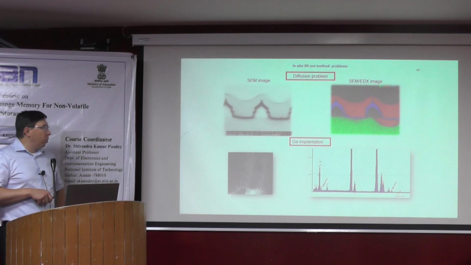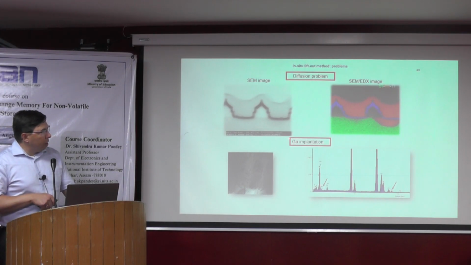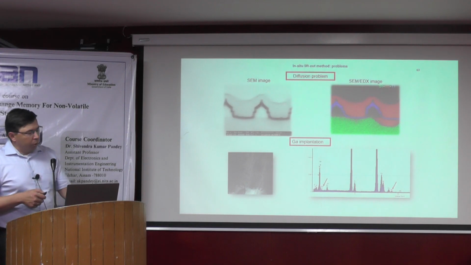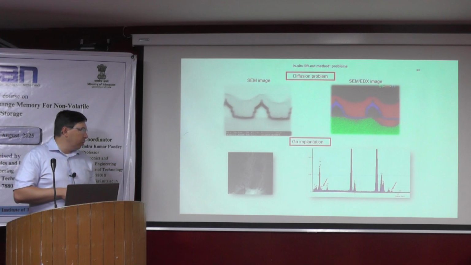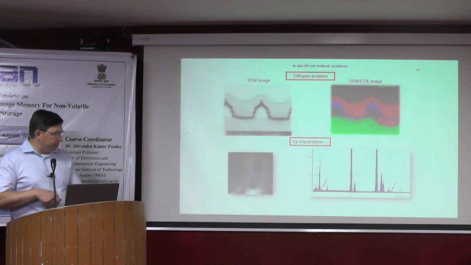And a very common problem in the case of FIB: in FIB we use gallium. This is the common ion source. Nowadays, of course, there are xenon sources, but in many labs you find this ion source, and one problem is the implantation of gallium into your material.